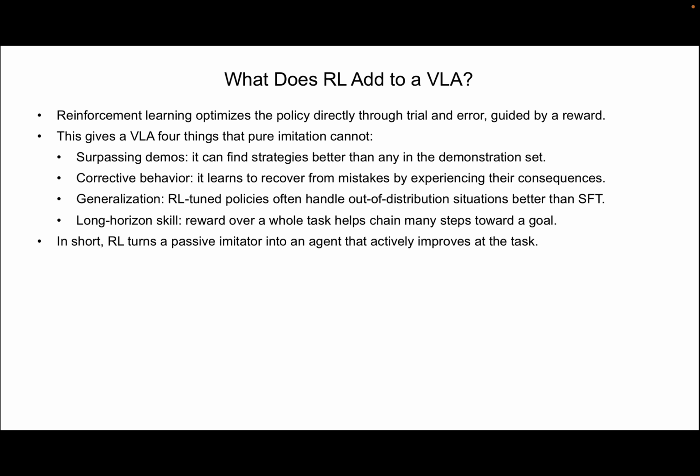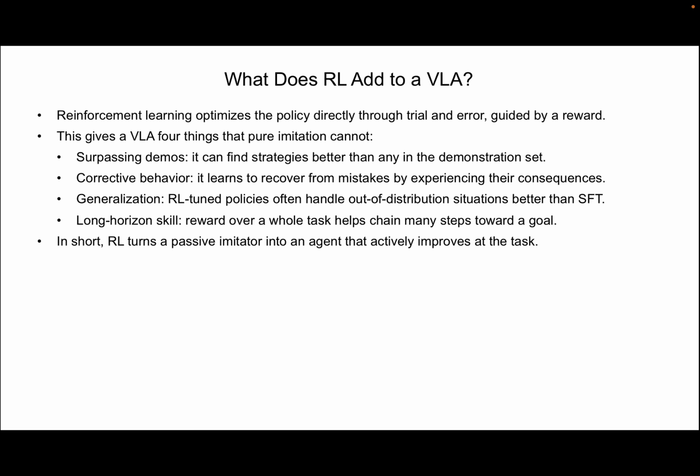In VLA models, the robot control is basically autoregressive, so the output of the current iteration becomes the input of the next iteration, so if something bad happens, the agent should recover from the mistakes. So corrective behavior is very important for this kind of autoregressive system.